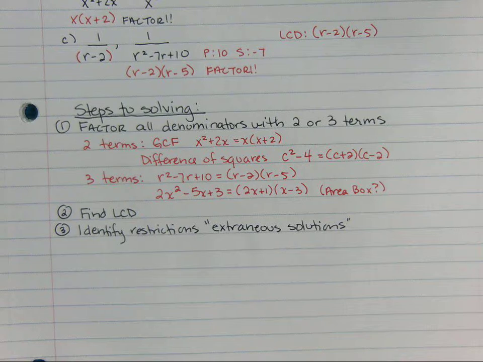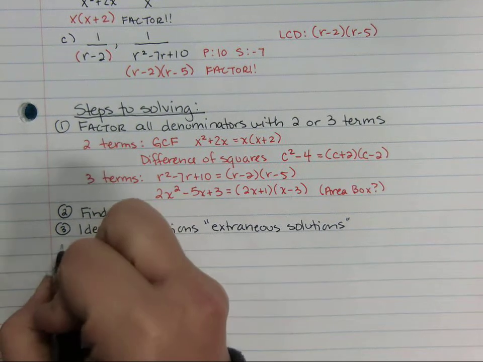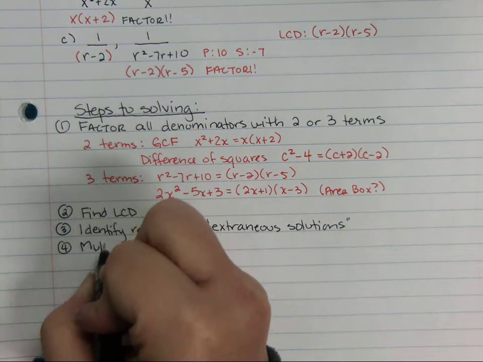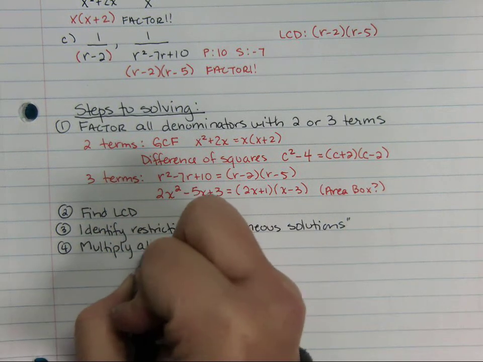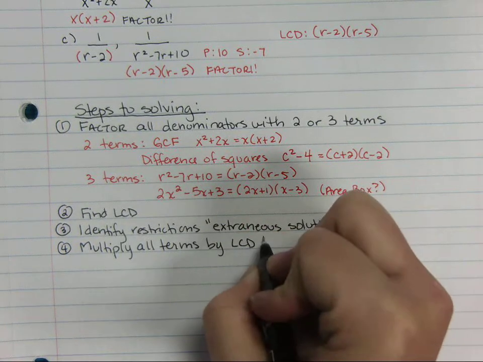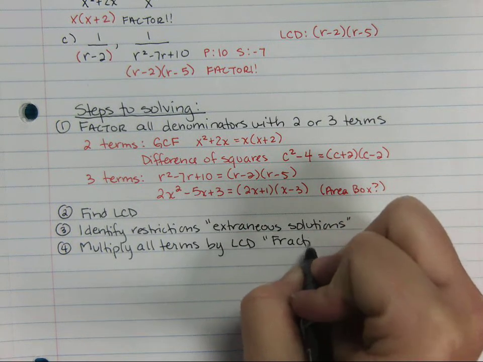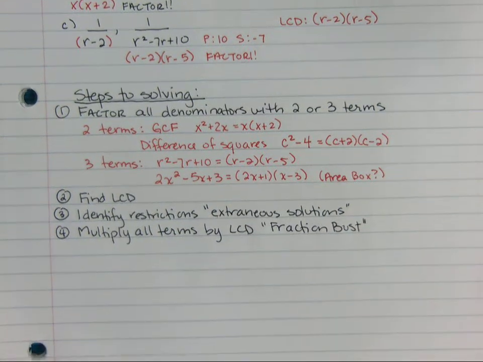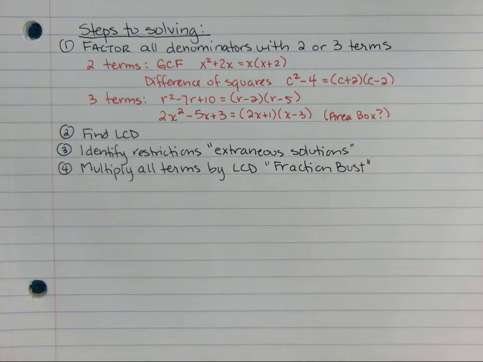Let's see, what else do I have? Oh, yep. So now you get to fraction bust. You're going to multiply all terms by the LCD. Once you multiply all the terms by the LCD, now you have to simplify the numerators and do what you've got to do.